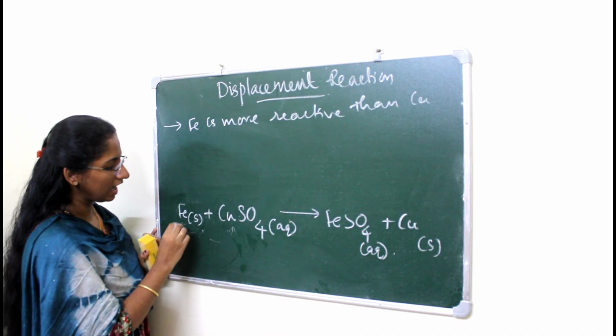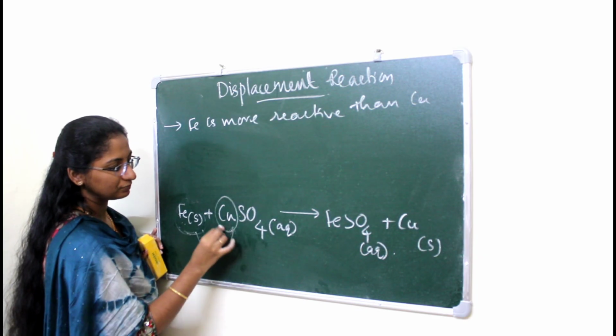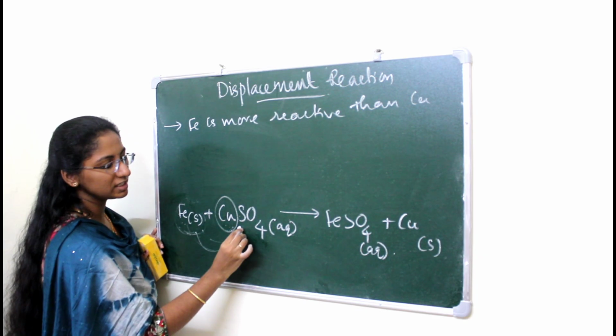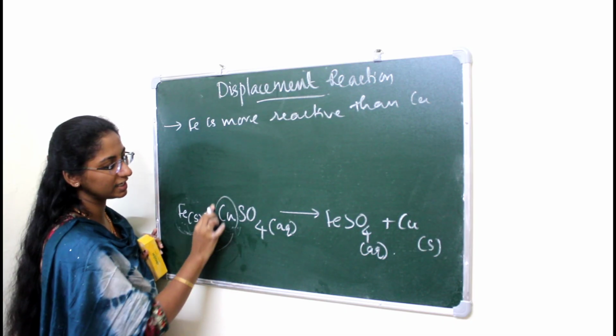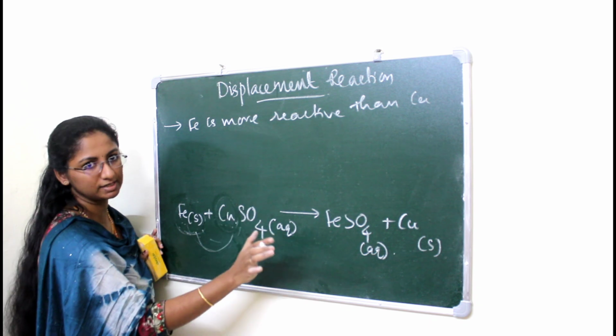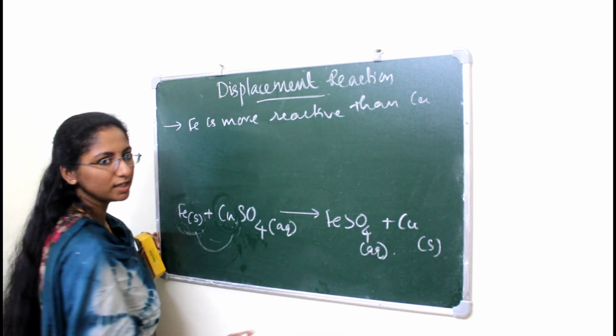That means here iron is more reactive, so it displaces copper from this copper sulfate solution to form what? Iron sulfate and copper. This less reactive element will be formed as another single metal. So that's why we are getting iron sulfate and copper as the product.